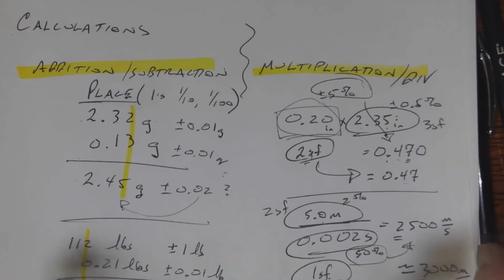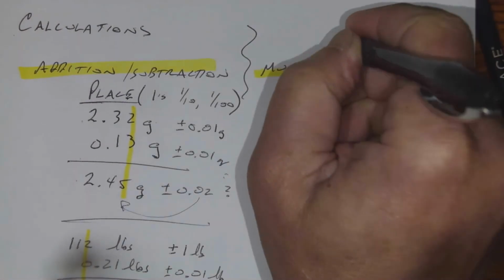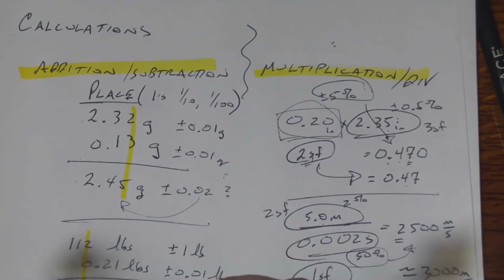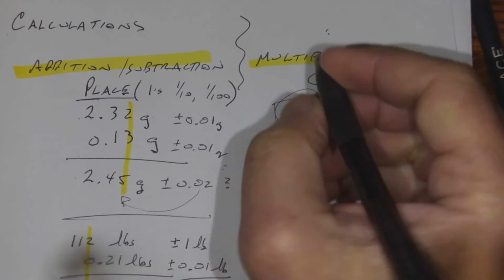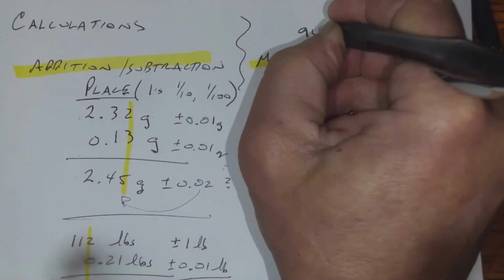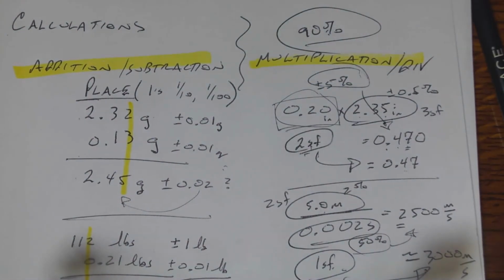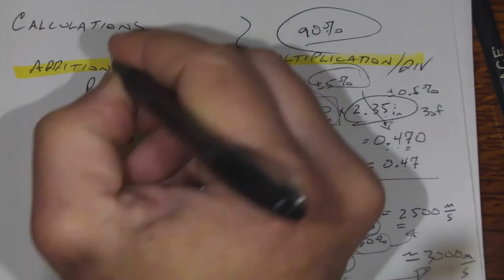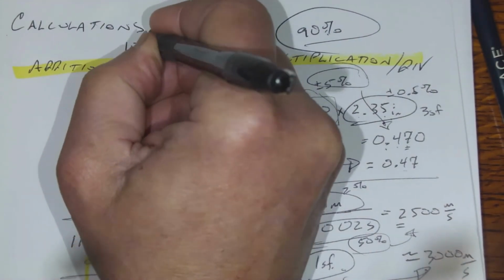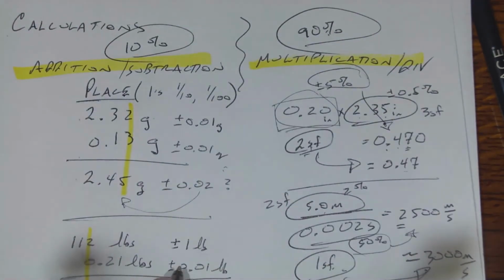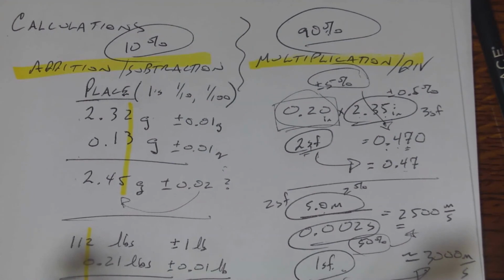I would say in most chemistry calculations, you know, the overwhelming majority of our calculations involve multiplication type things. You know, I'll just make up numbers here, but 90% of the time we care about multiplication division, so the SigFigs are what are important. And again, just making up numbers, 10% of the time we care about SigFigs in addition subtraction.